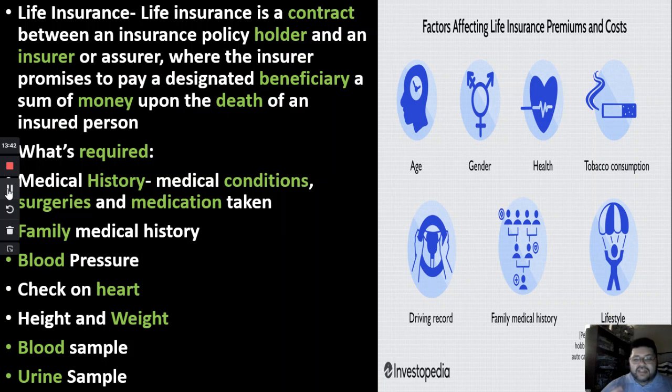Okay. Another thing they look at is stuff like, do you take any type of narcotics, drugs, stuff like that? How's your driving record? Have you been caught speeding, reckless driving? How's your lifestyle? Do you take risks? Are you a couch potato? Do you mess around with all kinds of people? All this stuff they look at because they want to see how much time you would have left, more or less.